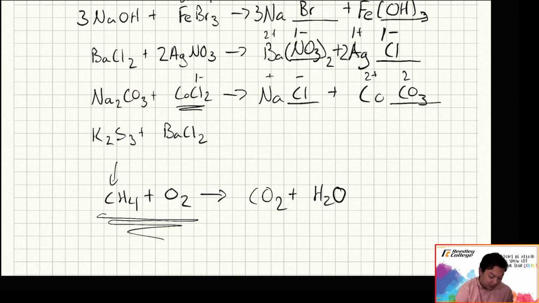We write in their charges, and actually what we find here is that the charges are already balanced, right? So cobalt has a 2 plus, which we determined from the reactant, cobalt chloride, and then carbonate has a 2 minus charge, sodium has a 1 plus, and chlorine has a 1 minus.